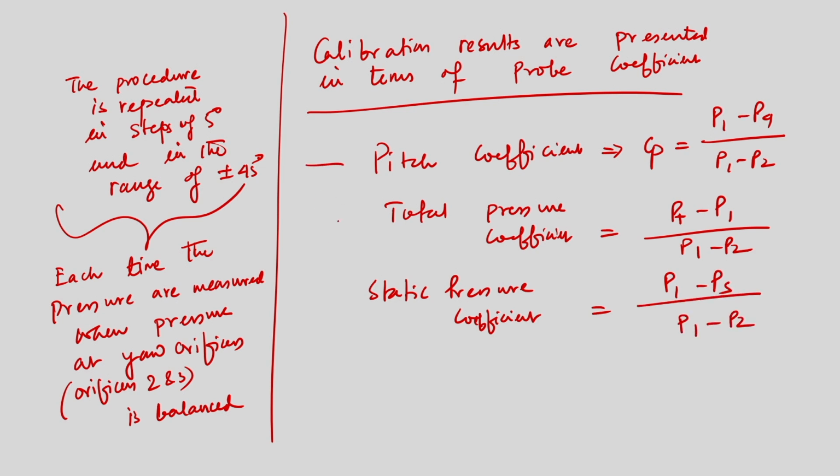So, these 3 different coefficients are calculated, rather calibration results are presented in terms of these pressure coefficients. Now, we need to know, knowing these pressure coefficients, how can we calculate the velocity components? That is another important thing, because using the probe we can measure the pressure and we can represent those pressures in terms of the different coefficients. So, now I will try to explain how I can measure the velocity components.